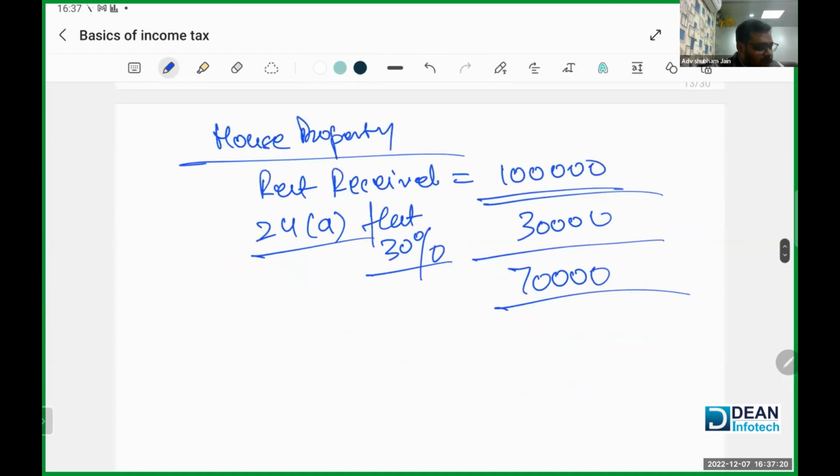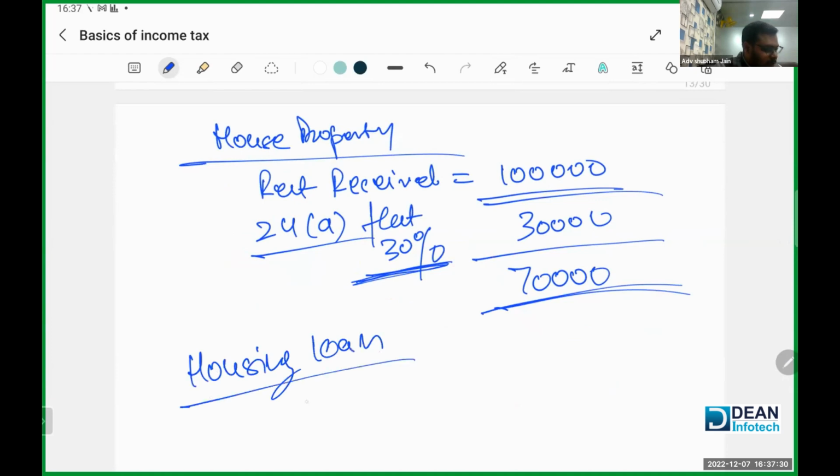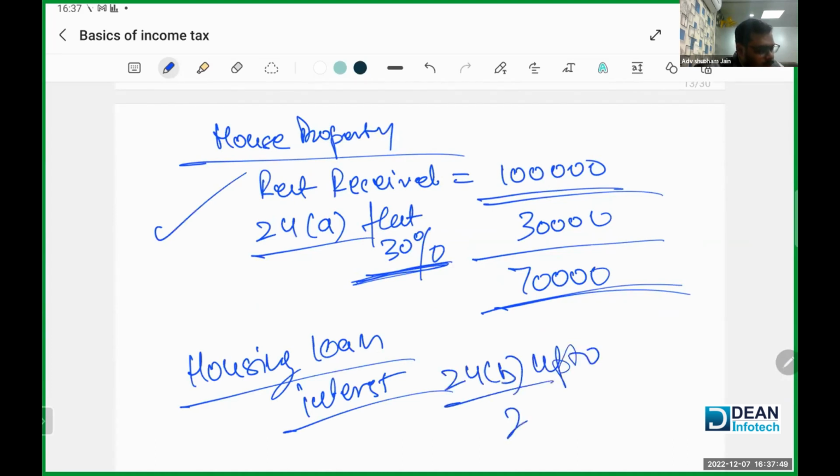Then after this flat deduction of 30%, if you are having any housing loan and you have paid any interest on that particular loan in this particular year, the amount of interest paid in this particular year for this particular property from which you are earning rent can get deducted under section 24B up to rupees 2 lakh in a particular year.